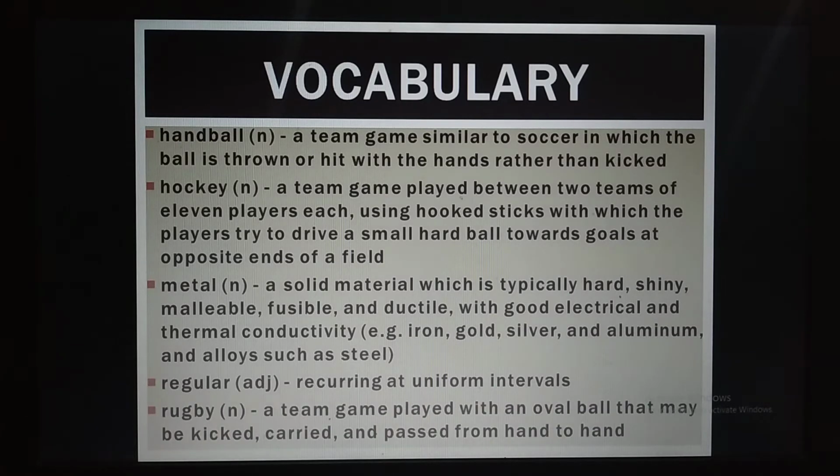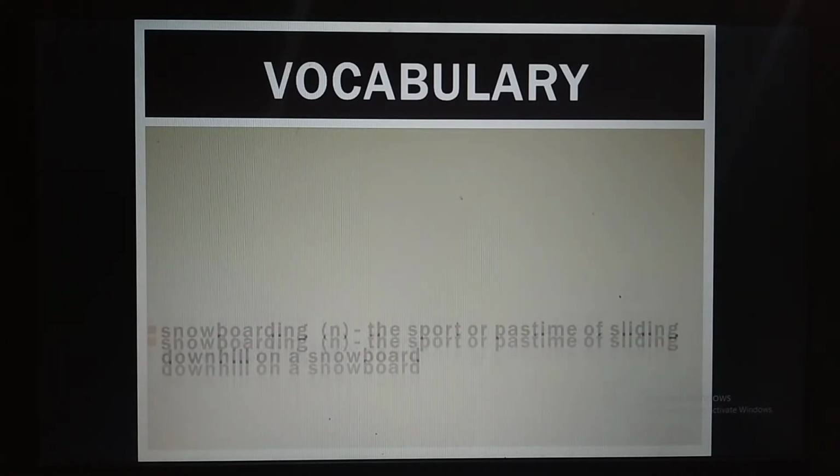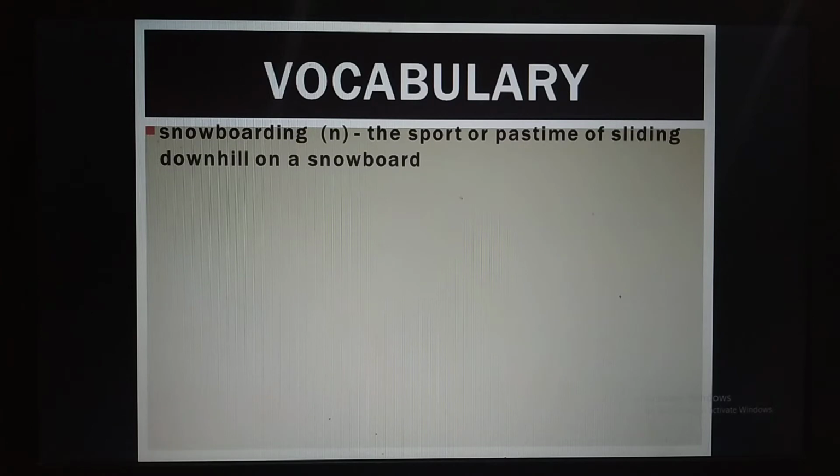Regular. Okay, next word is rugby. Rugby is a team game played with an oval ball that may be kicked, carried, or passed from hand to hand. Rugby. Okay, next word is snowboarding.